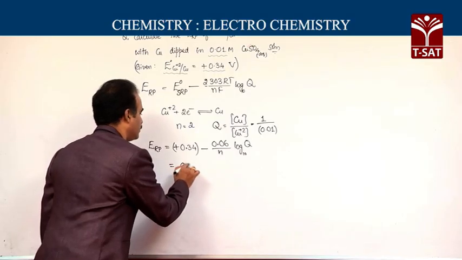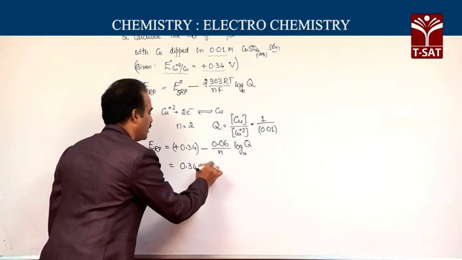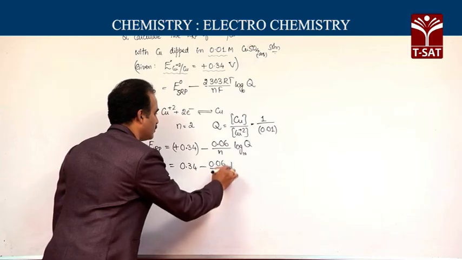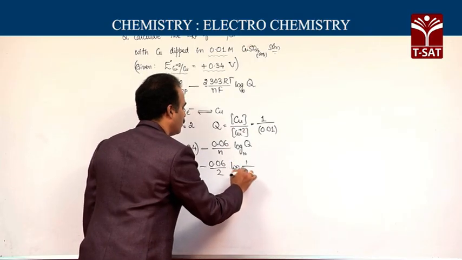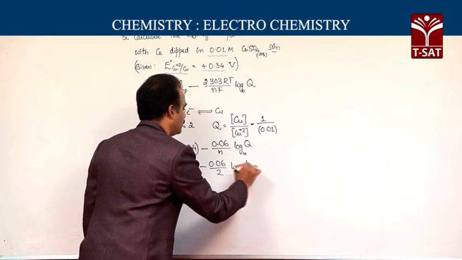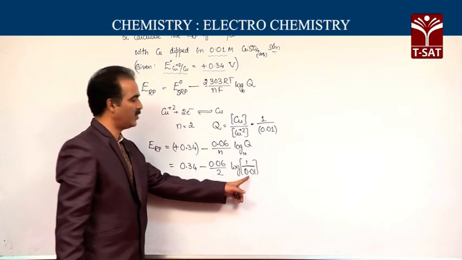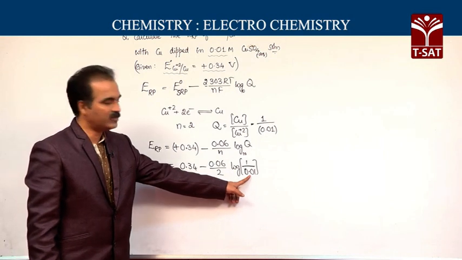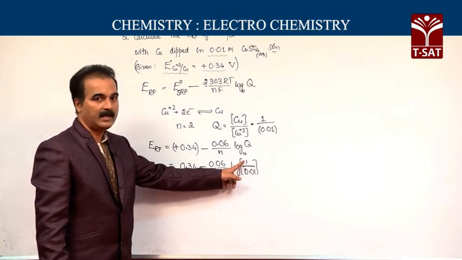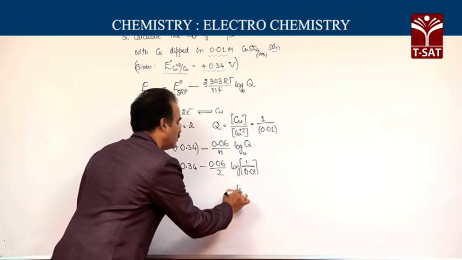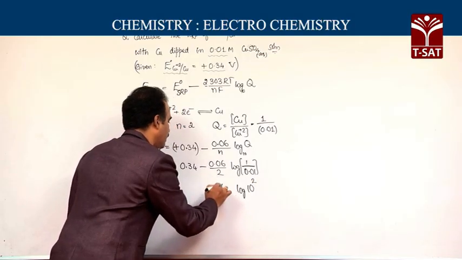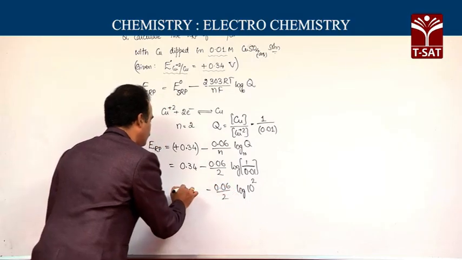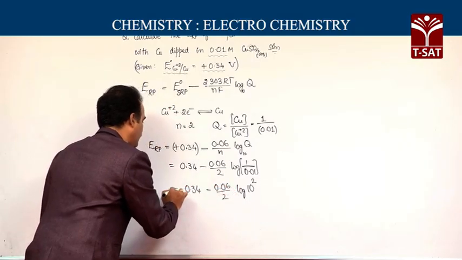So, we write it as 0.34 minus 0.06 by 2 into log Q. Log Q is 1 by 0.01. So, this 0.01 is 10 power minus 2, coming to the numerator 10 power 2. So, this value will be log 10 power 2. So, minus 0.06 by 2, and 0.34 will be as it is.